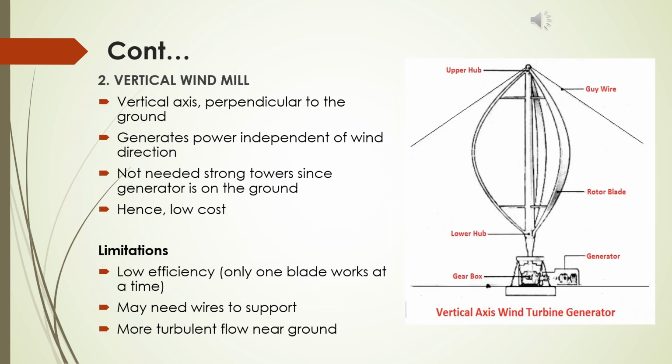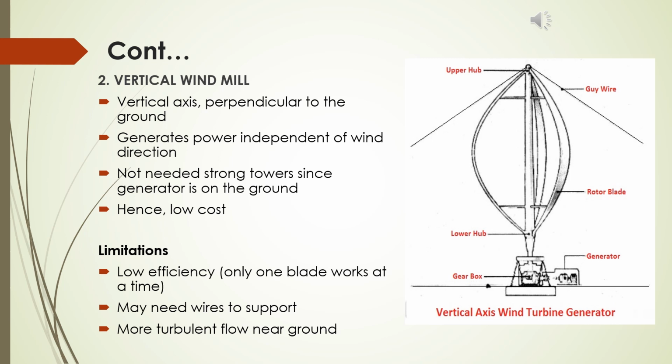Now the second wind turbine is the vertical axis wind turbine. So these types of turbines have a vertical axis which is perpendicular to the ground. They generate power independent of wind direction. As you can see in the figure, the blades are arranged in a different manner, which is not necessarily facing the particular direction of wind.